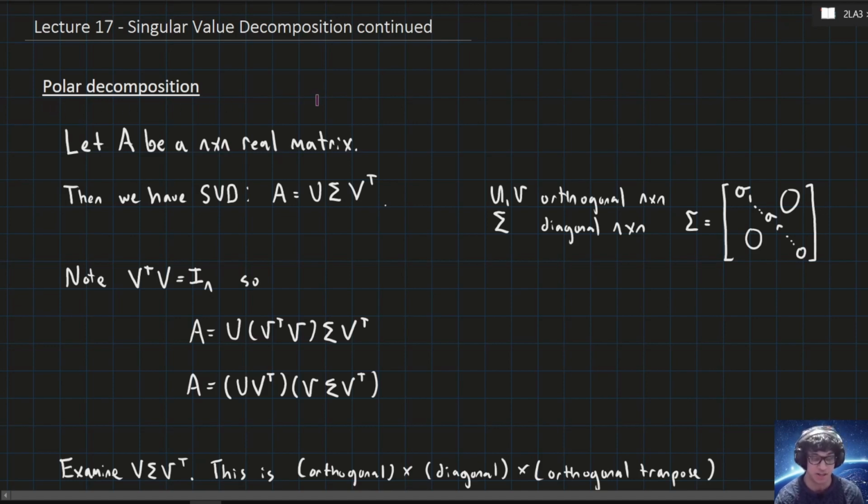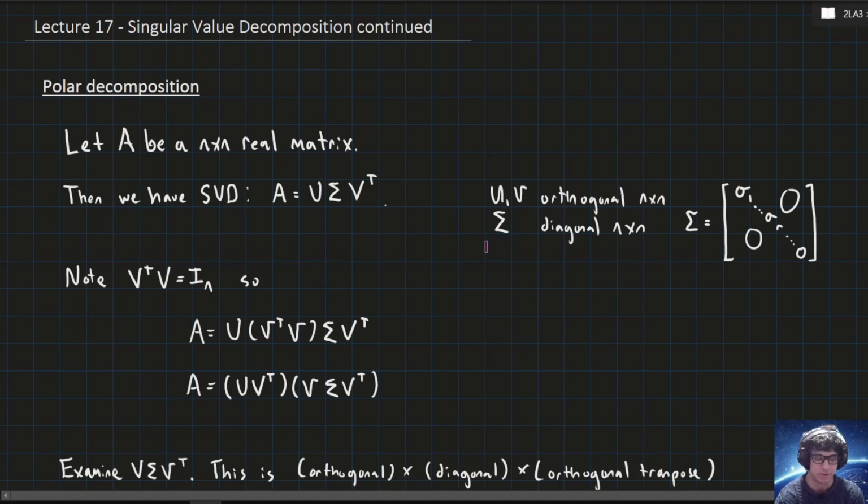This is a decomposition that works for any square matrix A with real entries. If A is a square matrix n by n, then we can do the singular value decomposition on it, and we'll get this. In this case, U and V will both be square, n by n, still orthogonal.